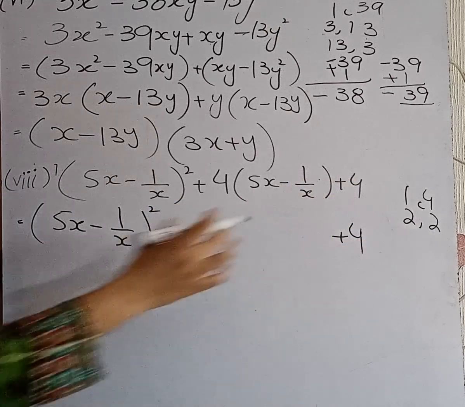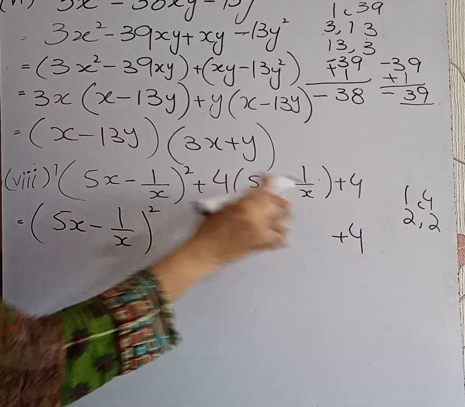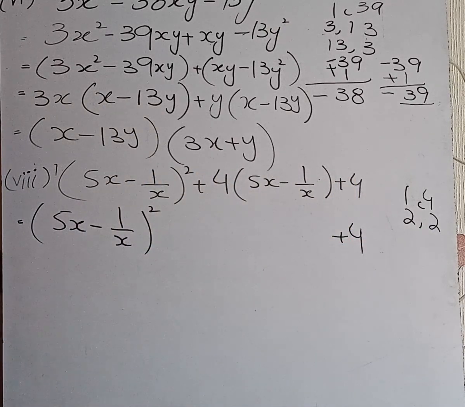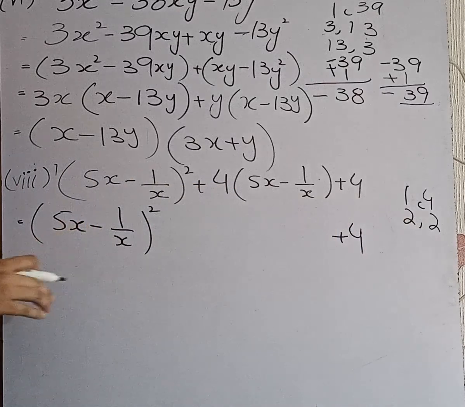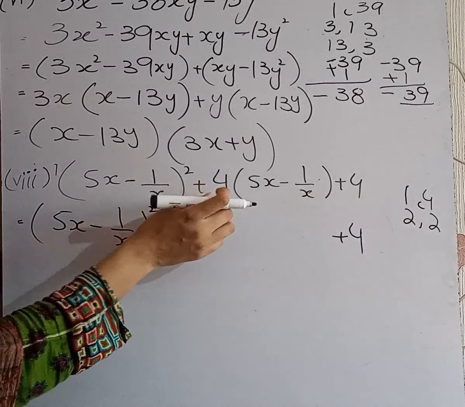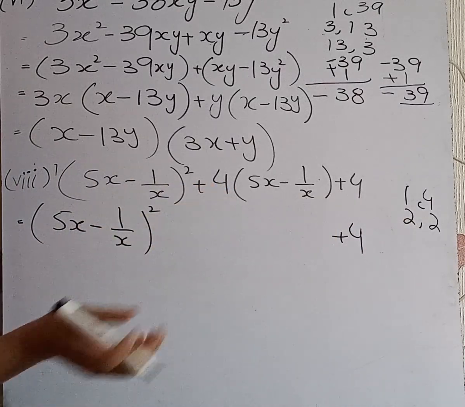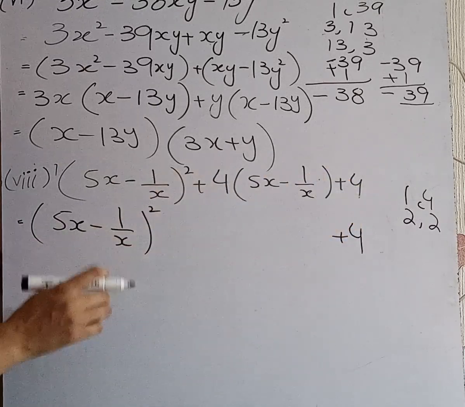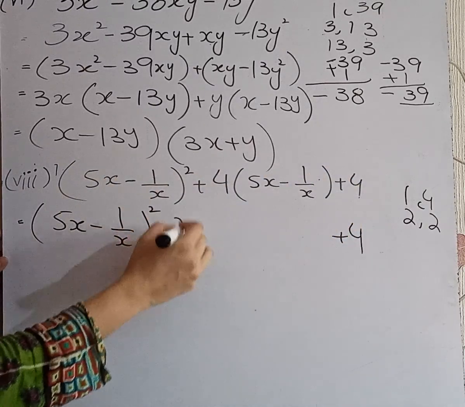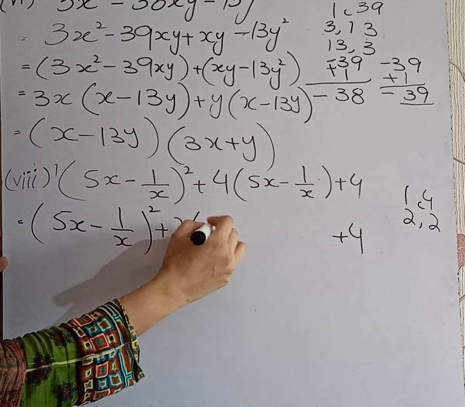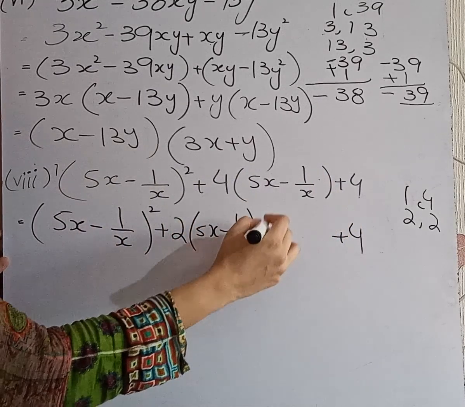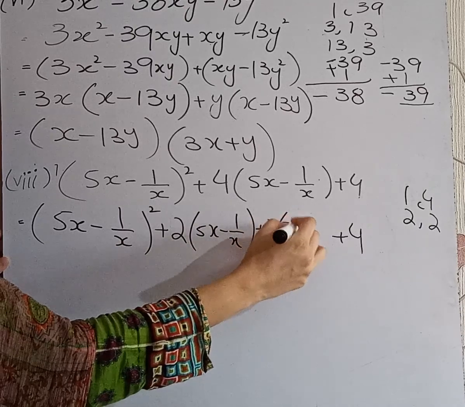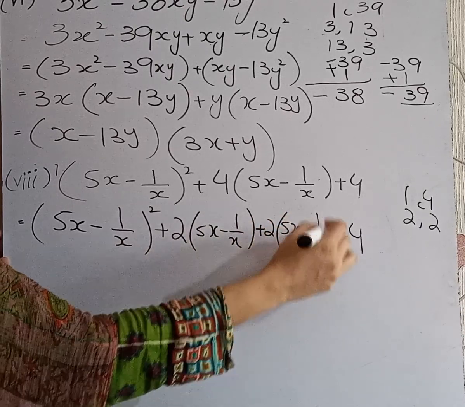Now in place of this middle term, 4 into (5x minus 1 over x), we are going to break this. In place of 4 we will write 2 plus 2, because 2 plus 2 equals 4, and after multiplying 2 plus 2 we can get 4 plus 4. So here we write plus 2 into (5x minus 1 over x), then again plus 2 into (5x minus 1 over x).